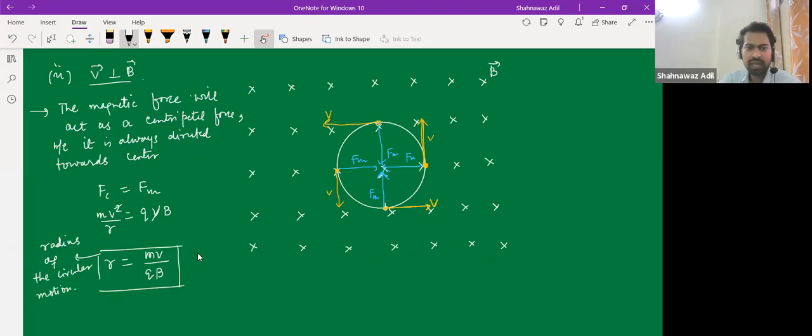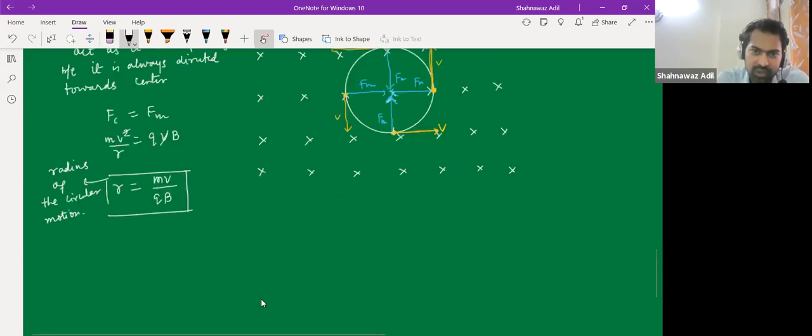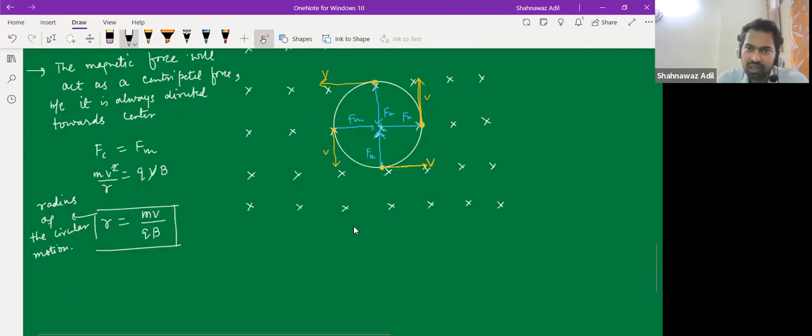And then we calculate the time period, right? This charge will repeat, so it will move periodically. It will come here and then come again to this point, so this is periodic motion. The time period is the time it takes to come back to this point.